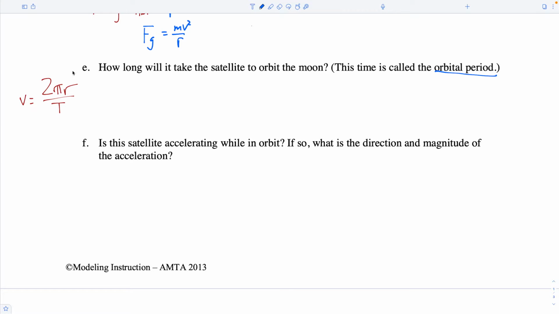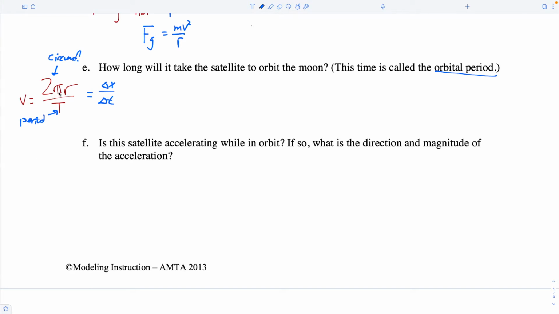We have used this relationship before when we did some circular motion, actually with the When Pigs Fly lab. But when you are finding the velocity for something moving in a circle with uniform circular motion, all this is displacement divided by time, okay? Because 2 pi r is the circumference of a circle. And capital T is the period, or the time it takes an object to make one complete circle.